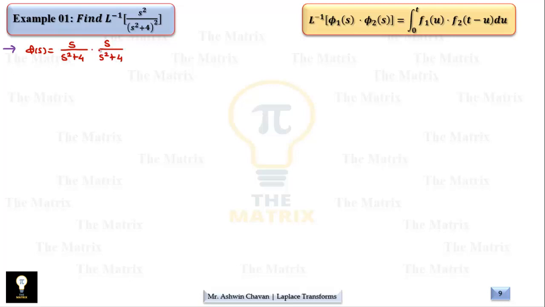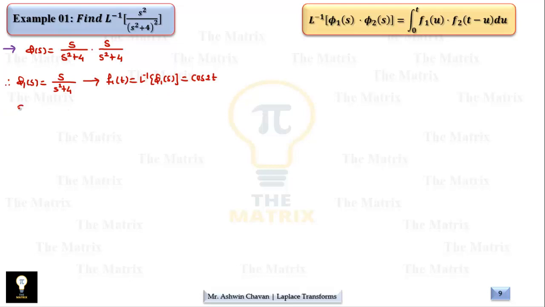Standard form means their inverse Laplace is known to us, because this is the Laplace transform of cos 2t. So let phi 1 of s be s upon s square plus 4. After taking inverse Laplace, it gives us f1 of t, which is L inverse of phi 1 of s, and that is nothing but cos 2t.